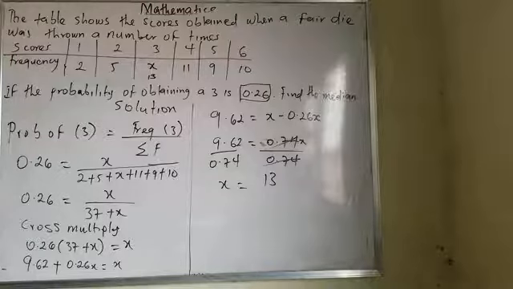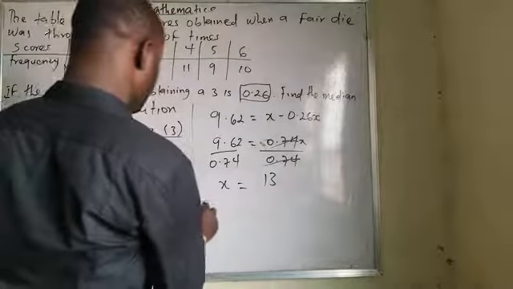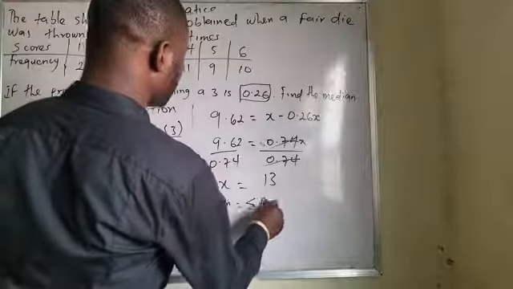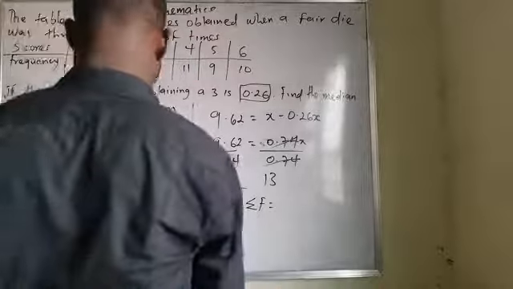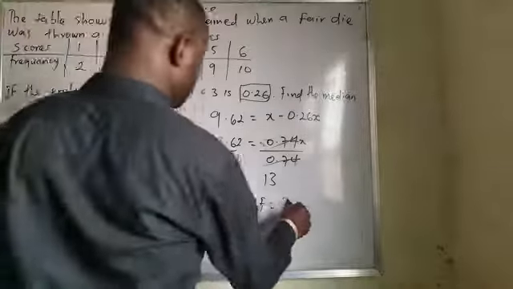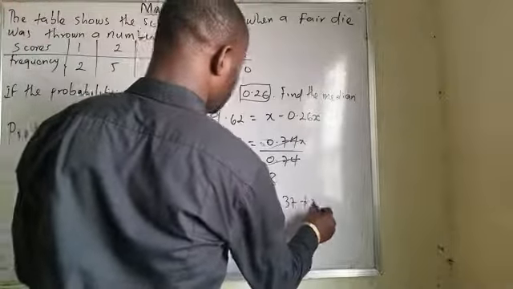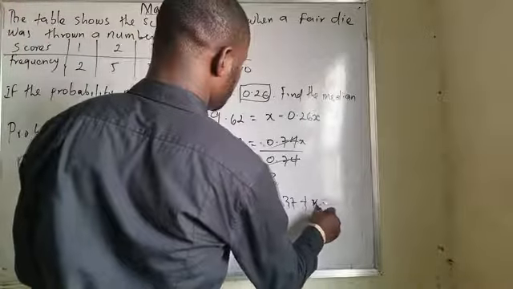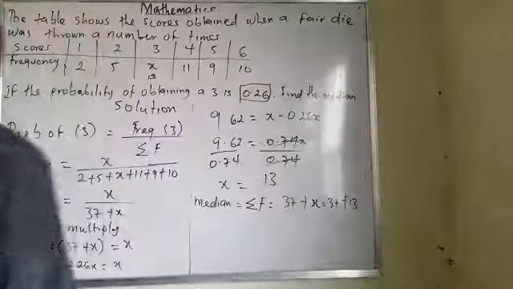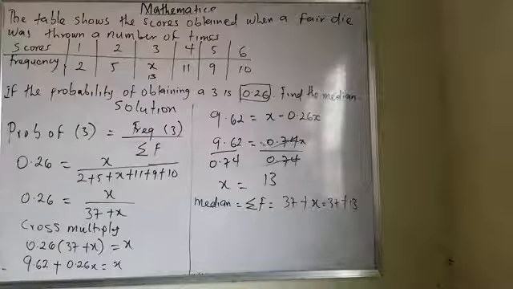Now, the next thing I need to do is to get my median. The first thing I will do is the summation of f, which I will add up everything together. It means I'm talking about 37 plus x, which is 37 plus 13, that will be equals to 50.